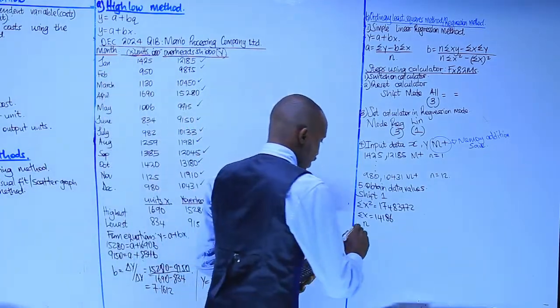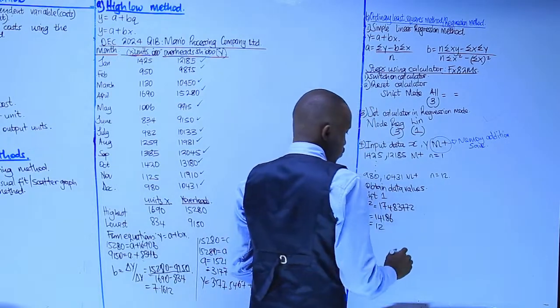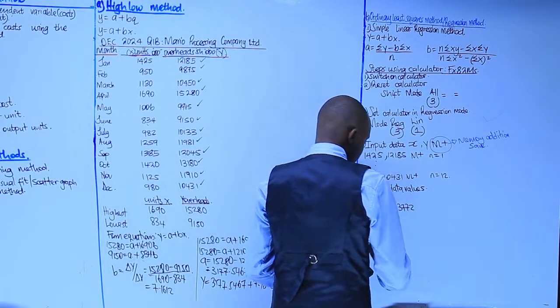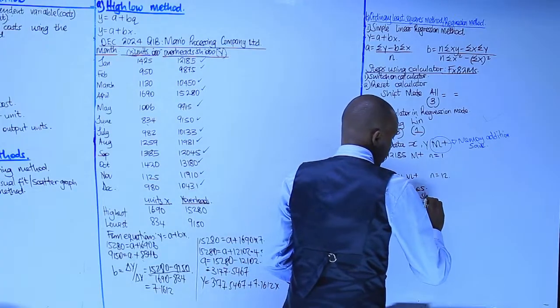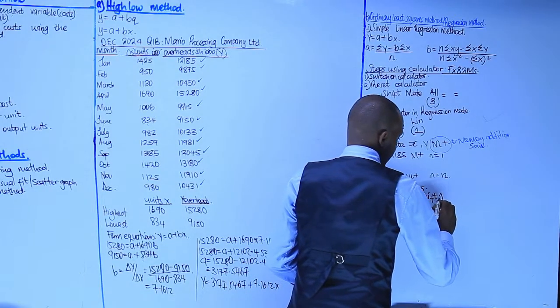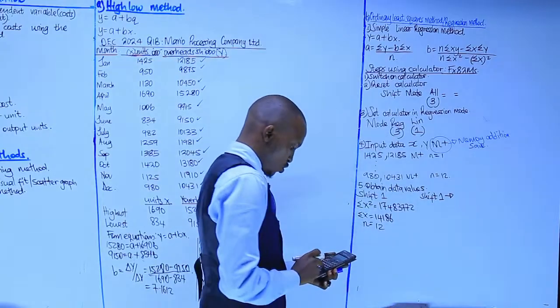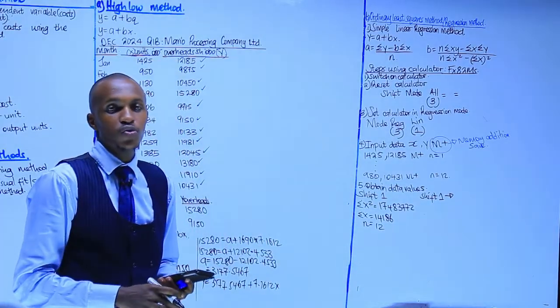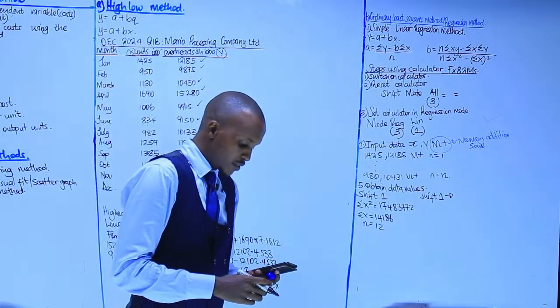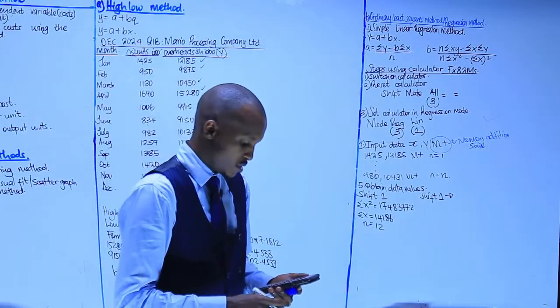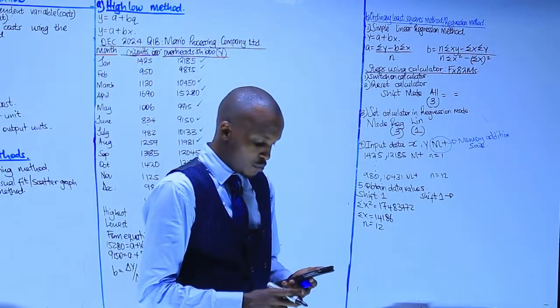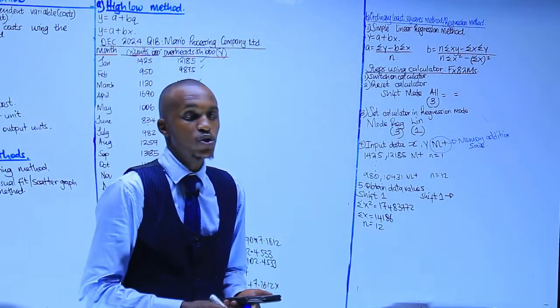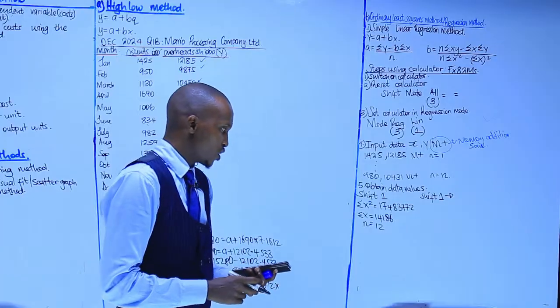Remember to press equals, and that will give me 12. That being the first screen, we can go to the next screen by pressing shift 1 and your direction key to the right. On the calculator, there are 4 direction keys just on top, between alpha and mode.